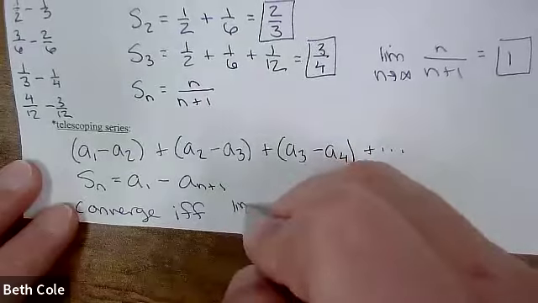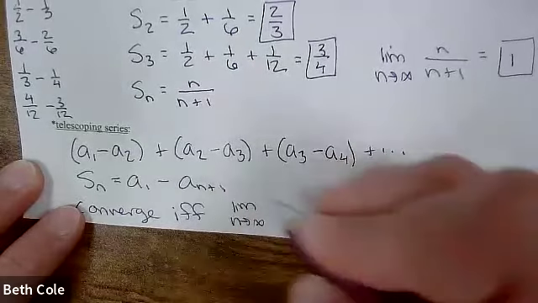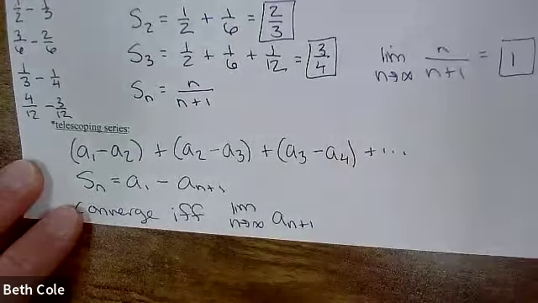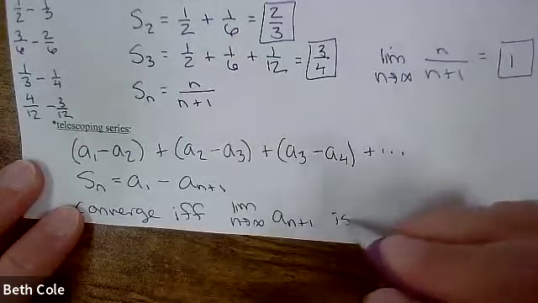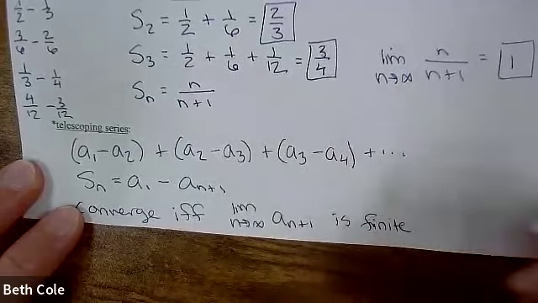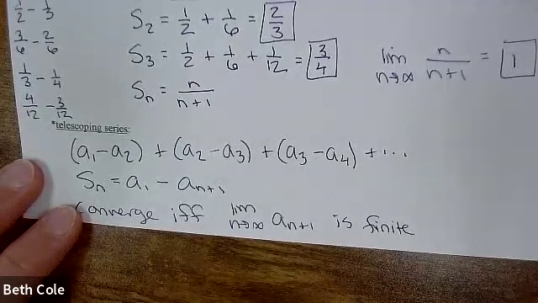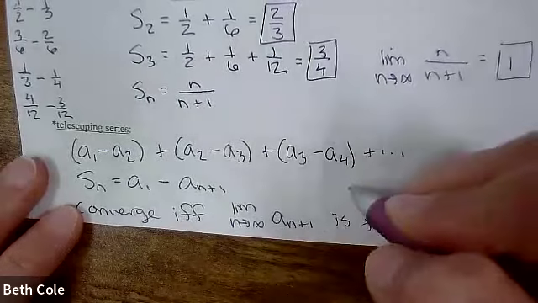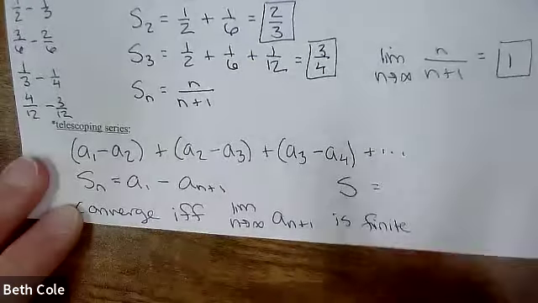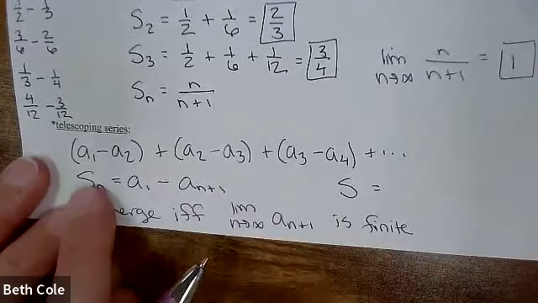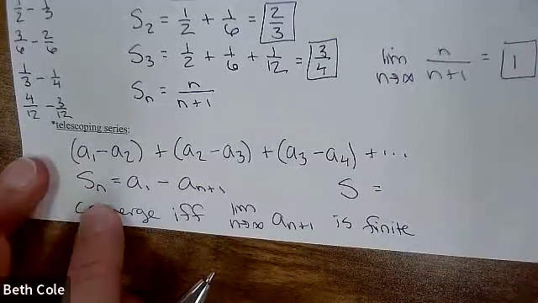Okay, it converges if and only if your limit as n goes to infinity for this leftover term is finite. So what does the word finite mean? Limited, like a number, right? Not infinity, not infinite. Okay, finite. So as long as that's finite, and your sum without a little number at the bottom, like if you have s sub 3, you summed up the first 3 terms.